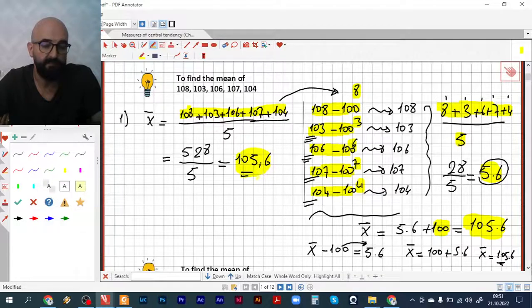Please remember that we can find the same mean by using the small numbers.